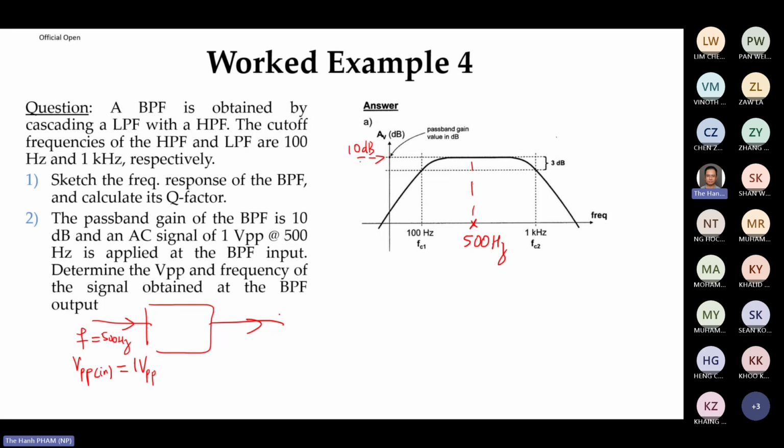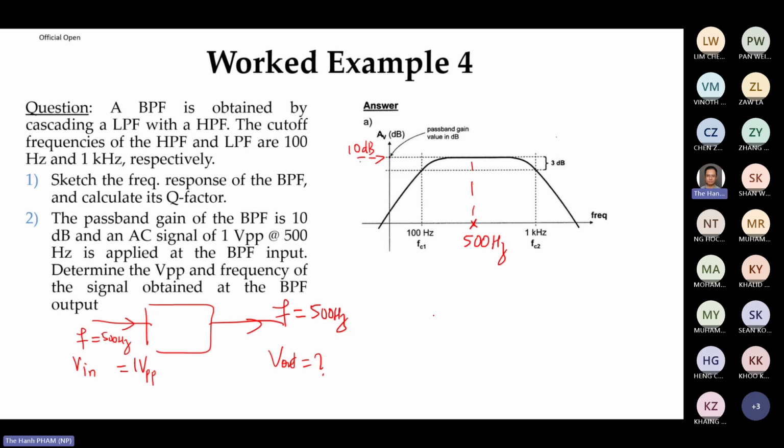Of course, the output frequency must be 500 Hz. But what is VPP out? Or to make it simple, V in VPP is 1 volt as well, right? Okay.